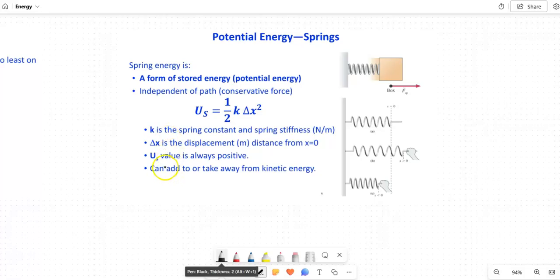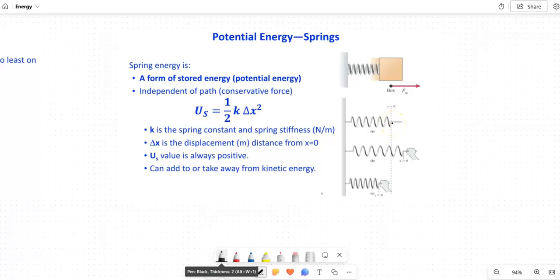Okay. Now, just like potential energy due to gravity, potential energy due to a spring can add or take away from kinetic energy. And it is at a yin-yang with kinetic energy, right? So if you pulled a spring and let it go, you've got a potential energy that you've added to it, and that potential energy decreases as the spring pulls the object, speeds it up until it reaches its maximum speed at the equilibrium position.